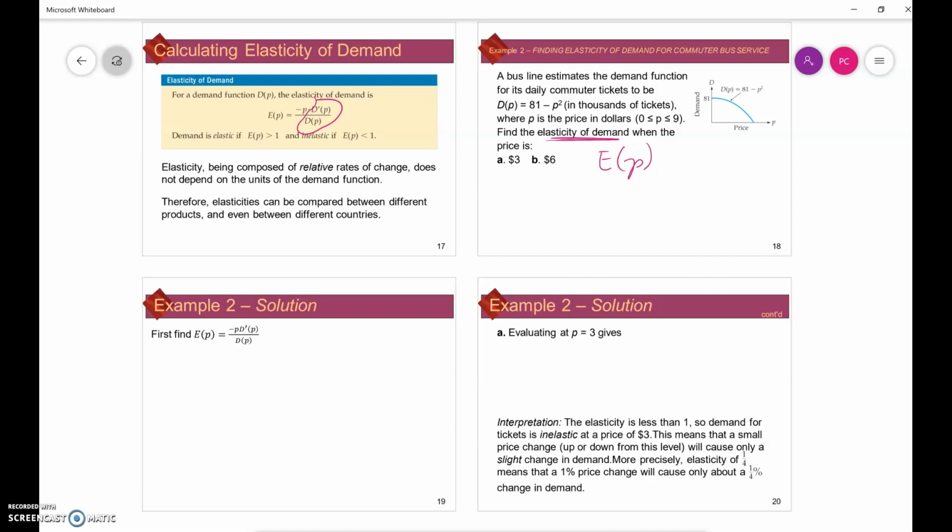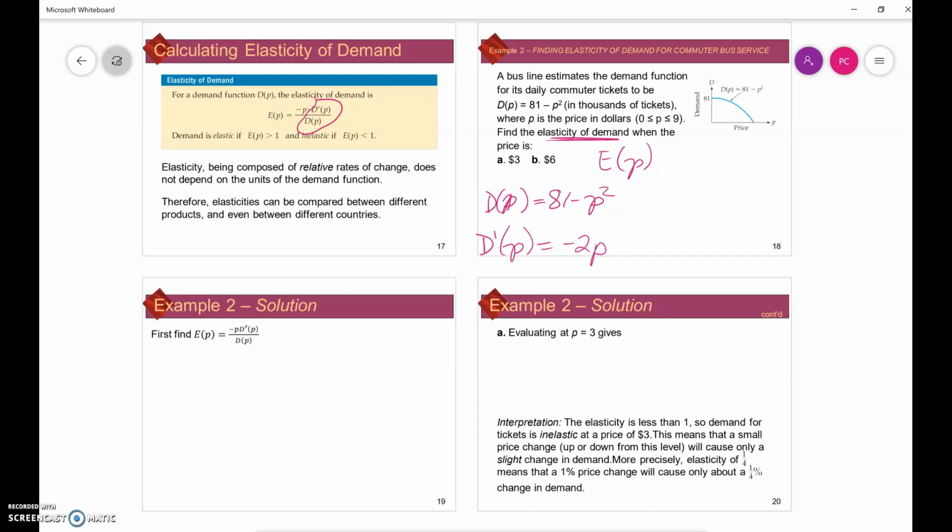So remember, that's negative p times D prime of p over D of p. So I have my D of p function. It's 81 minus p squared. So D prime of p would be negative 2p, just negative 2p. All right.